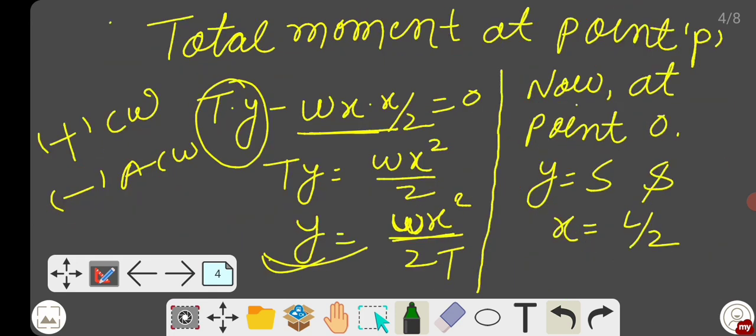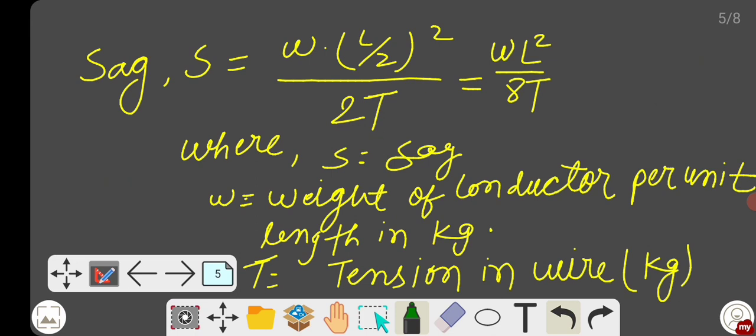Putting the value of y and x in this equation, we get sag is equal to W L square by 8T, where S is sag, W is weight of conductor per unit length in kg, and T is the value of tension in kg.